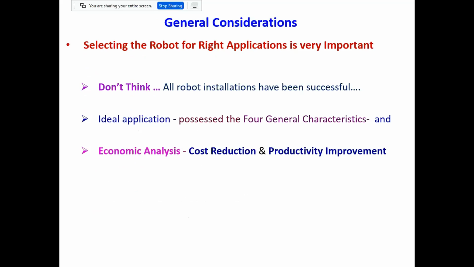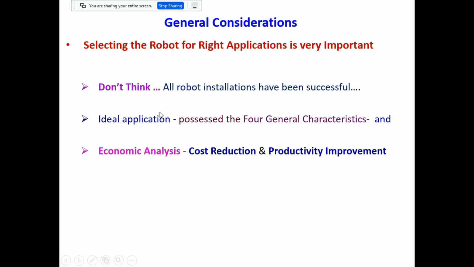Also, you will see, friends, selecting the robot for the right application is very important. Don't think, friends, that all robot installations have been successful. Some historical evidence is there: misapplication of the robots, poorly selected equipment, non-acceptance by the factory personnel. So what is required?